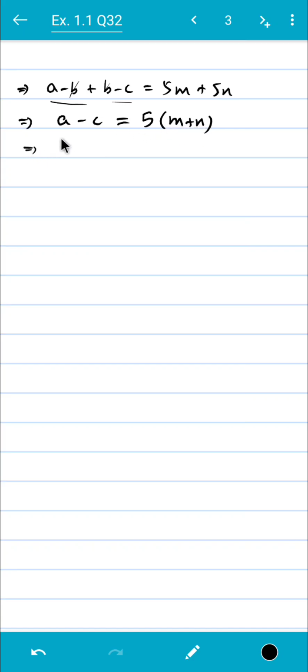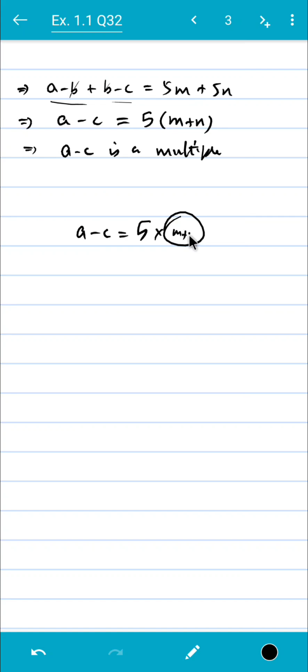So this means that A minus C is a multiple of 5, because we've written A minus C as 5 times some integer, and that integer in this case is m plus n.